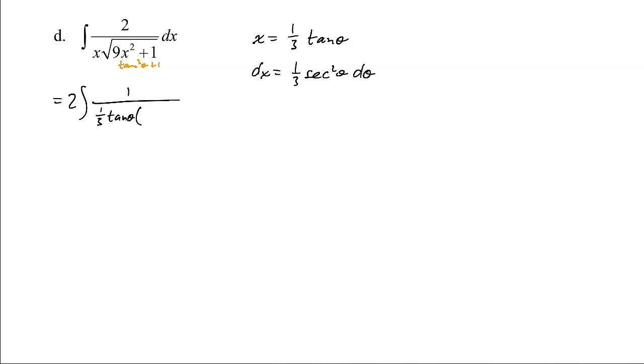And if I take the square root of that, then this is just secant theta. And then I have times my dx, which is 1/3 secant squared theta d theta. Secant divided by secant, and 1/3 divided by 1/3. So this can be simplified to 2 integral.